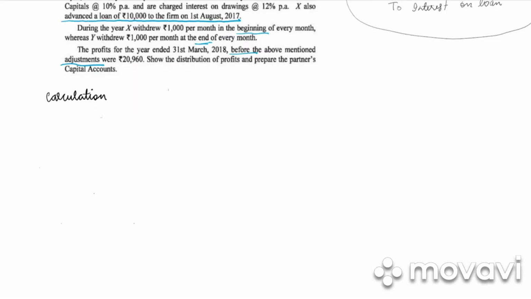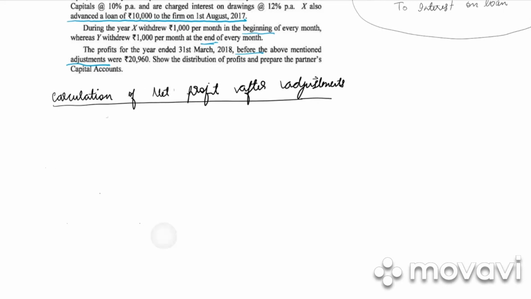Calculation of net profit after adjustments. So we know the net profit before adjustment.